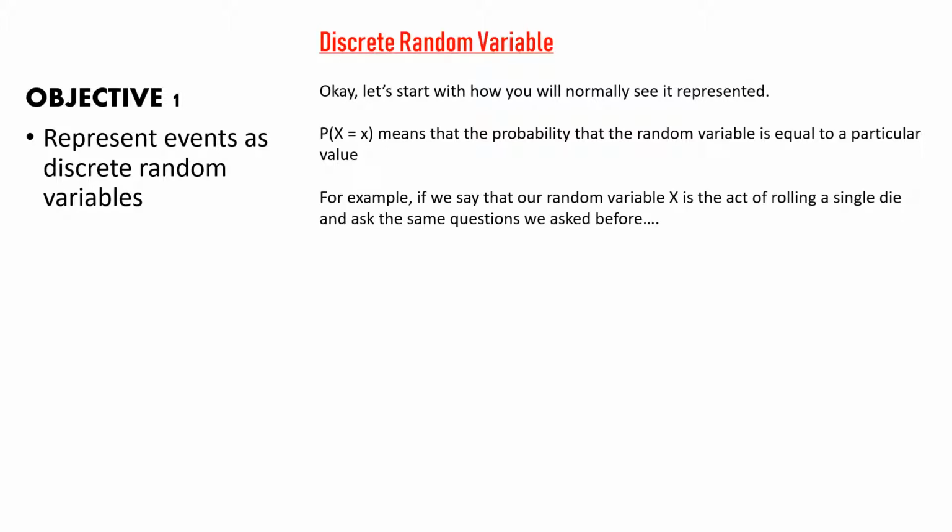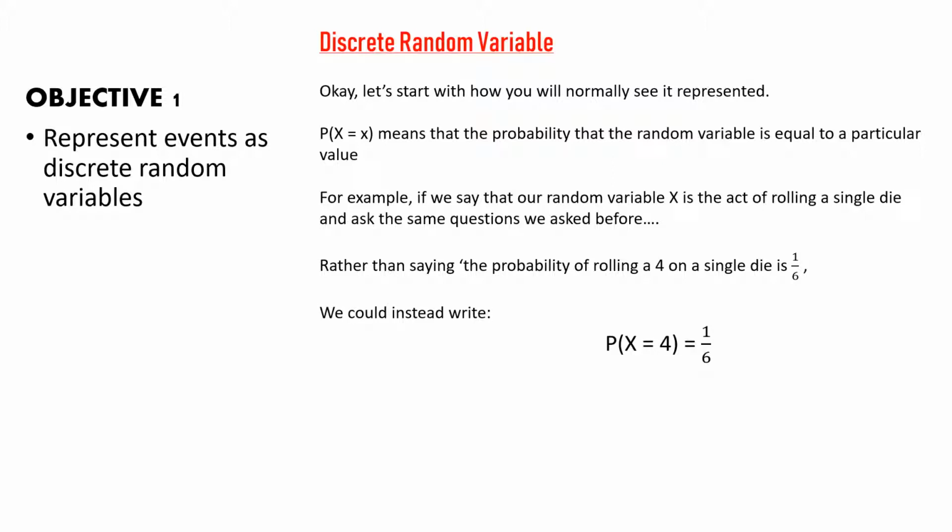For example, if we say that a random variable X is the act of rolling a single die and ask the same questions as beforehand. So rather than saying that the probability of rolling a 4 on a single die is 1 over 6, just like we did beforehand, we could write, instead of all those words and taking the fact that it's a dice, the probability that X is equal to 4, or the probability that we do our action and it equals 4, to be 1 over 6.